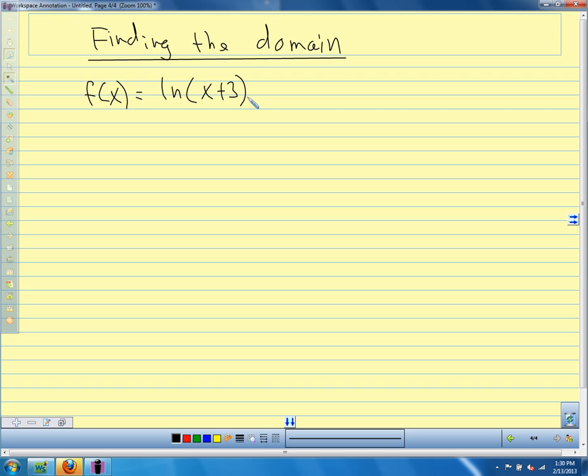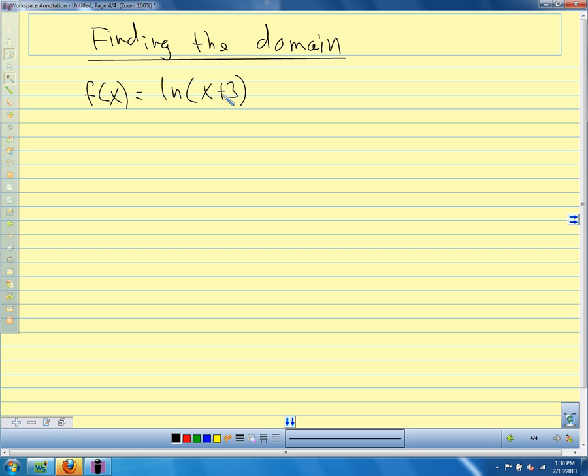Just a minute ago we talked about the domain of the logarithmic function. What did we say we couldn't plug into a logarithmic function? A negative number. It can't be less than 0. So to find our domain, we have to make sure whatever we're plugging into our function is positive. So how do we write that in math symbols? Positive means, how does it compare to 0?